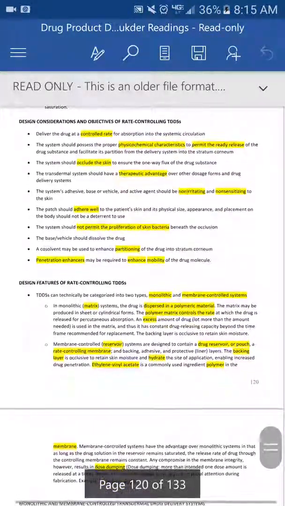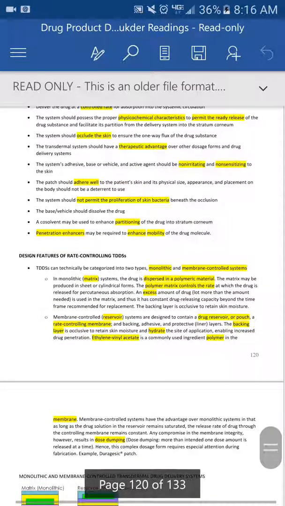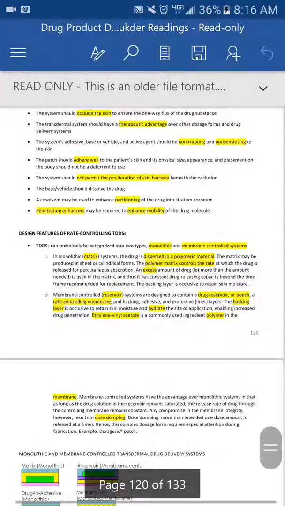Design considerations, objectives of rate controlling transdermal delivery systems. They deliver the drug at a controlled rate, so controlled rate for the absorption. Obviously, the system should possess the proper physical-chemical characteristics to permit the ready release of the drug substance and facilitate its partition from the delivery system into the stratum corneum, by leaving the vehicle and being in the skin.